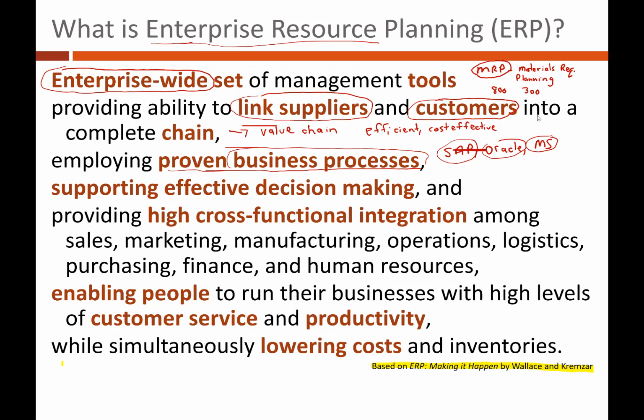It's an enterprise-wide set of management tools providing the ability to link suppliers and customers into a complete chain, employing proven business processes, supporting effective decision-making, providing high cross-functional integration among sales, marketing, manufacturing, operations, logistics, purchasing, finance, and human resources, enabling people to run their businesses with high levels of customer service and productivity while simultaneously lowering costs and inventories. What do you not see in that definition that might have been expected?